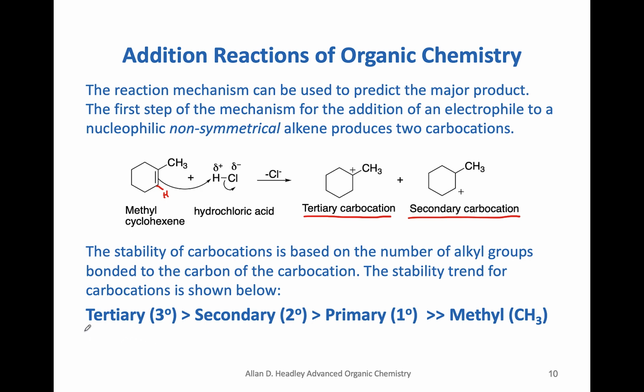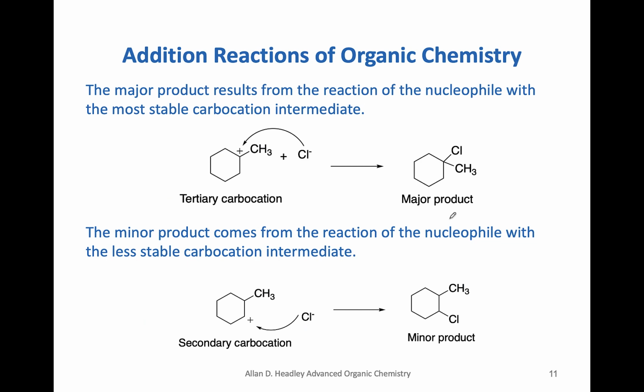You can see here that, just to refresh your memory, a tertiary carbocation is more stable than a secondary. So we'd expect this carbocation to be more stable than this carbocation. In the next step, as you can imagine, the Cl-, which is now the nucleophilic end of that other reactant, will react here to give this product.